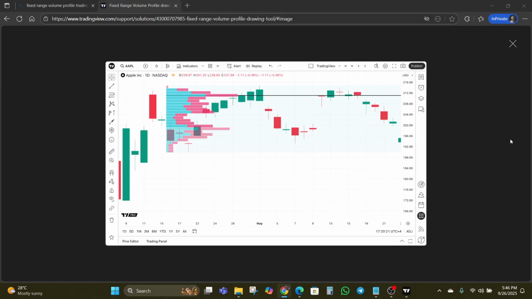It's important that you do not neglect the trend. Always trade in the direction of the trend. The trend is your friend. Other strategies and other tools and indicators should be used in support of the prevailing trend if you are aiming to capture long-term moves.